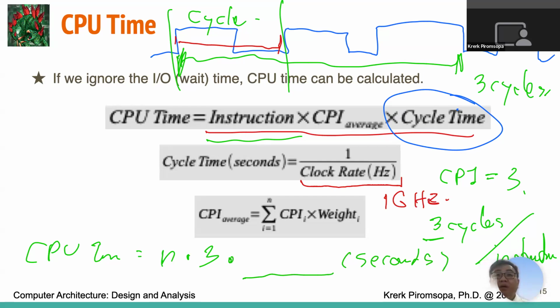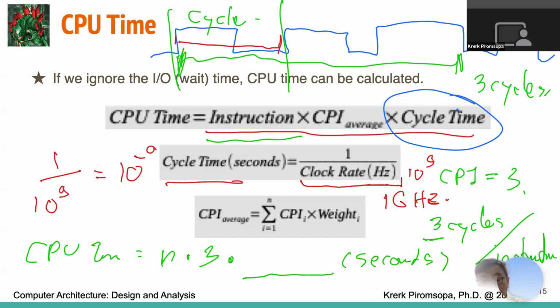That means in 1 second, we have 10 to the 9 cycles. So 1 cycle would be 1 over 10 to the 9. That would give you seconds. A better way is to report it in nanoseconds.